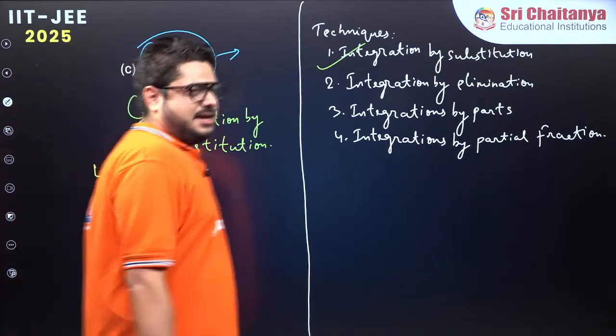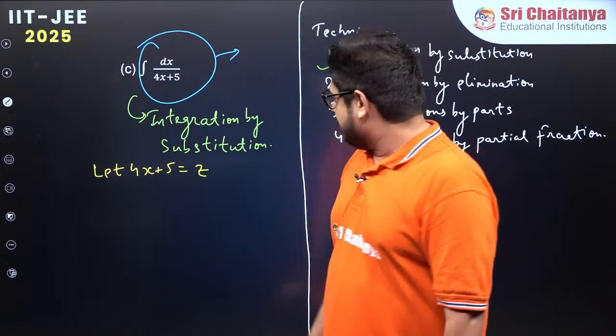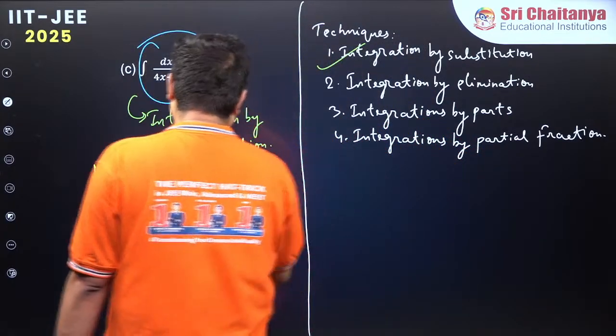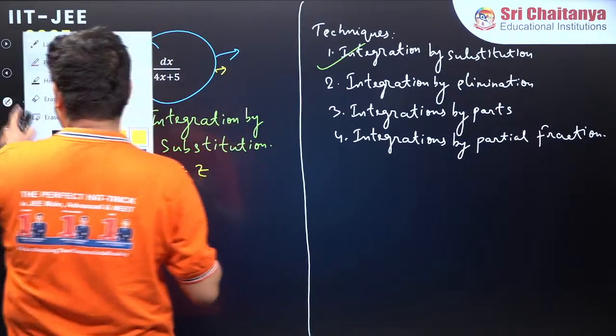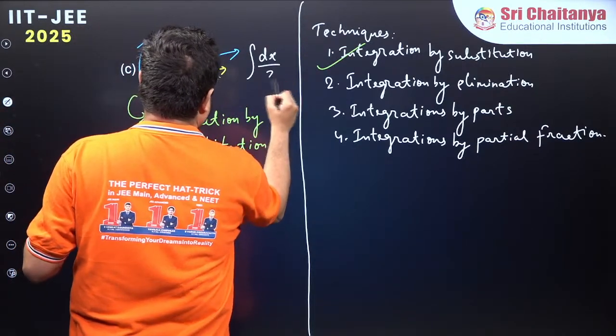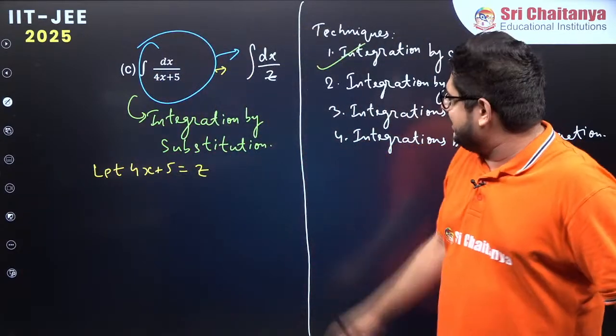I am assigning another variable which is z. Now this function, if you are able to see, becomes what? This function is going to be written as dx by z. Clear, everyone? This can be written as dx by z.